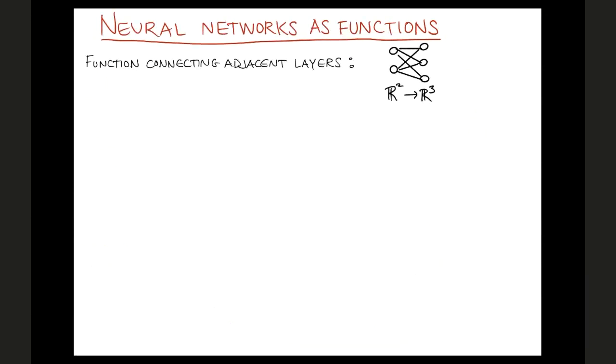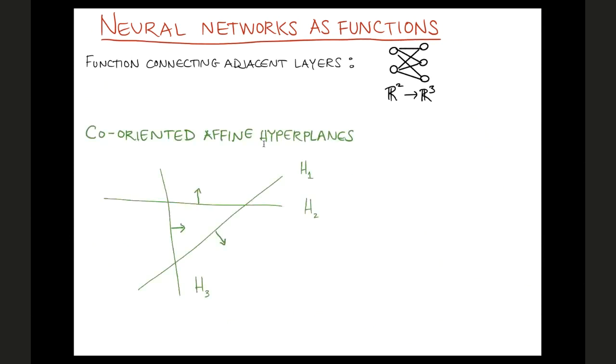Now let me tell you what these functions between layers are, because it's actually quite geometric, and this is what I like about the theory. If you have a function connecting adjacent layers, a two-dimensional layer and a three-dimensional layer, for example, it's really defined geometrically by three co-oriented affine hyperplanes in R2.